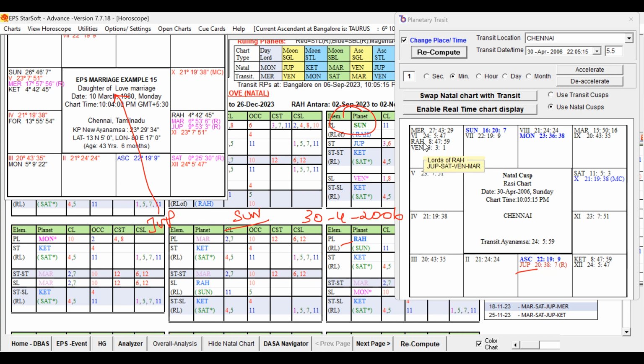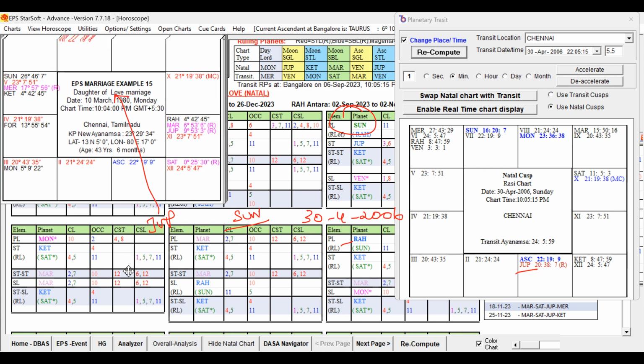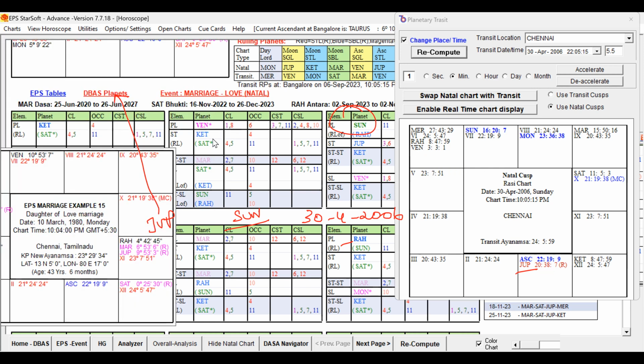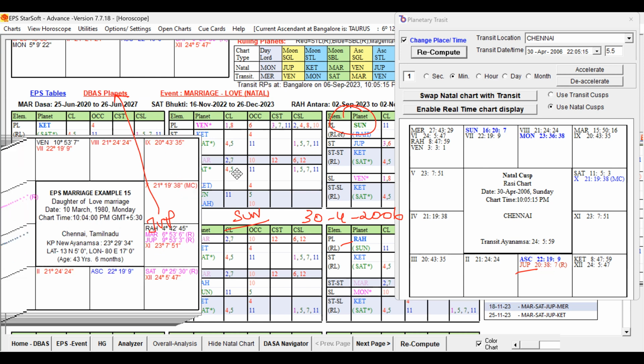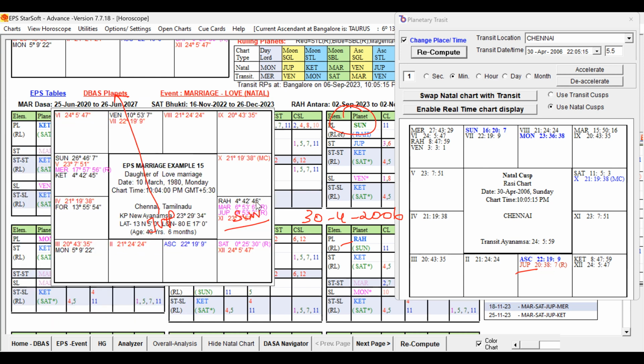And sub of Venus, Venus is in the star of Venus itself, which is the Antra in the star of Ketu representing Saturn. So that way, they are all connected to the key planet directly as the star lord or through the star lord. And also Jupiter's aspect is favorably present in this case.